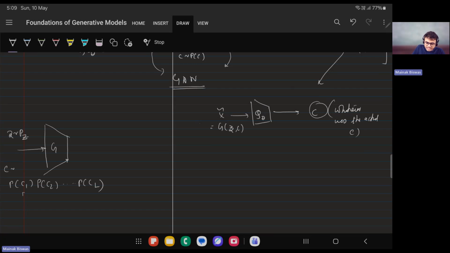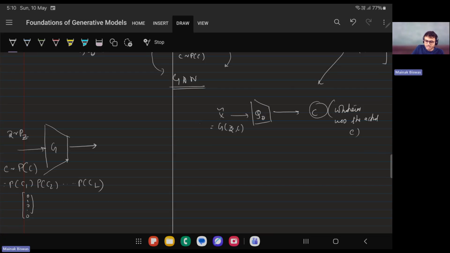These could be IID, K categories, for example, say 10 categories each. You could just give them a one-hot encoding. And you could say that my first encoding is belonging to the kth category, the second one belonging to the lth category, and so on. So this is P of C, which, due to independence, you can write as a product of these.